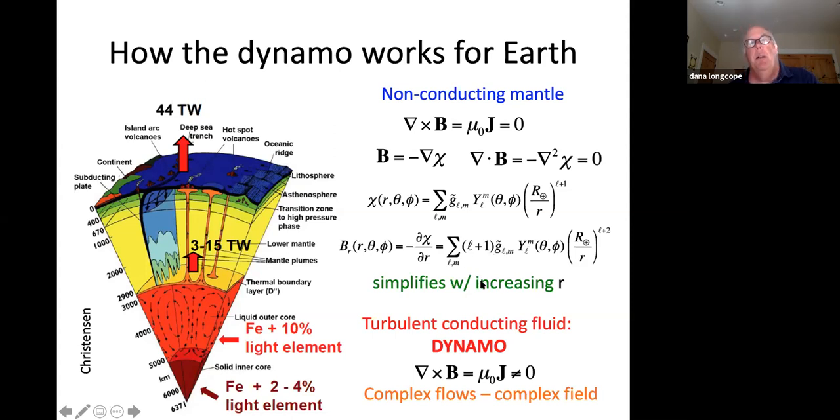the hexadecapole. And I think I'm getting ahead of myself because I drew this diagram from the outside in. The dynamo is working on the inside of the Earth. It's operating in this region that has molten iron, that is an electrical conductor, and it is turbulently convecting, partly because of heat, but also because some of the heavier elements are precipitating out into a solid inner core.